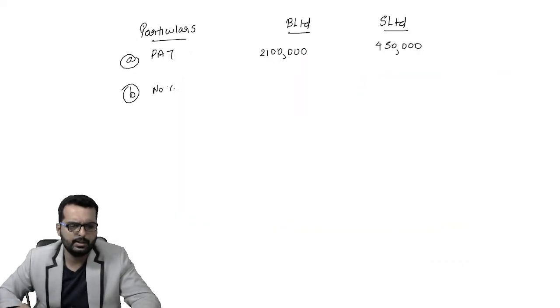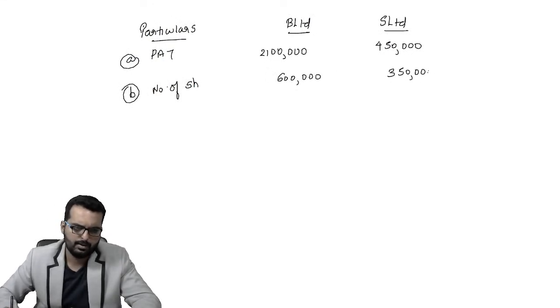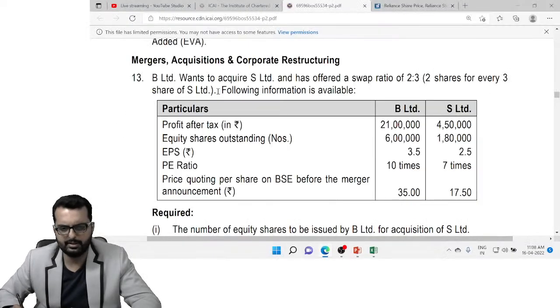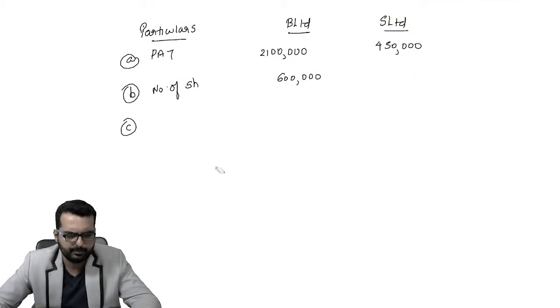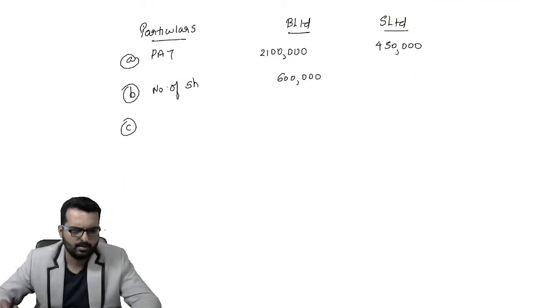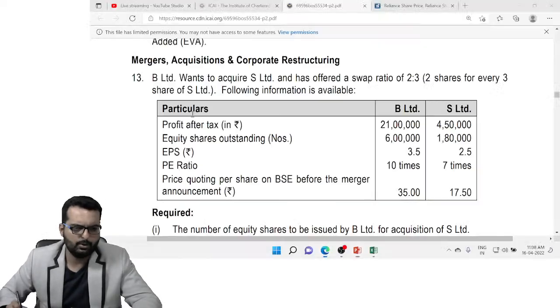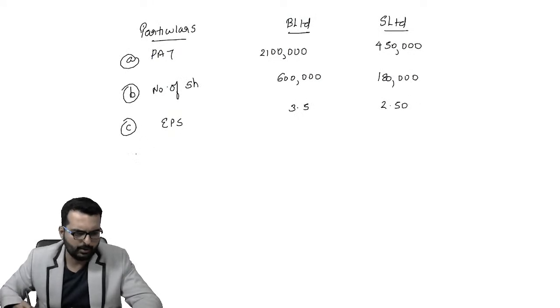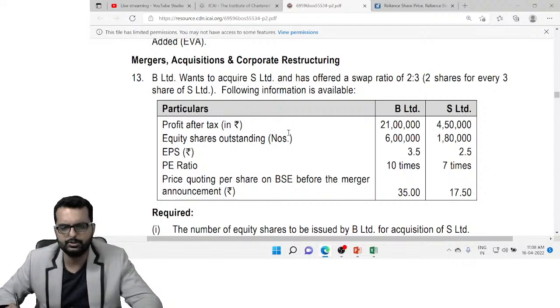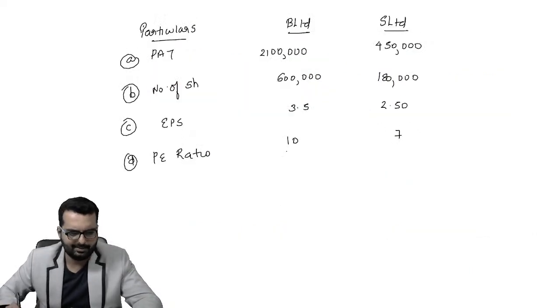They have given the number of shares over here: 6 lakh shares, and 1 lakh 80,000 shares. From this, we can find out the EPS, but it's already given in the question: 3.5 and 2.5. I believe they have also given the PE ratio, that is 10 and 7.